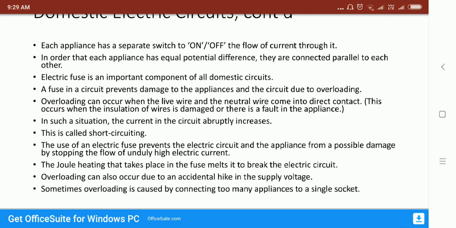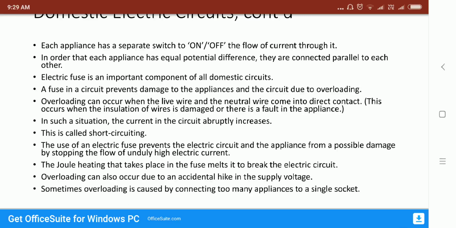So the fuse is available in series. If a higher current is passing through it, it will burn and get damaged. So the device in between is protected, the circuit will be open, and current won't pass further. Our appliances and devices can thus be prevented from damage through it.